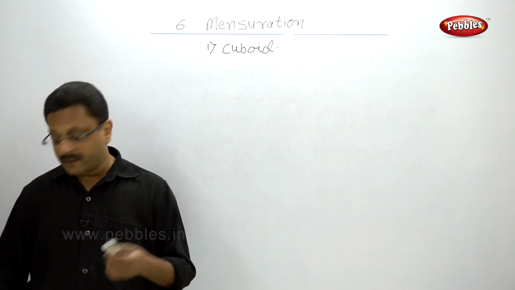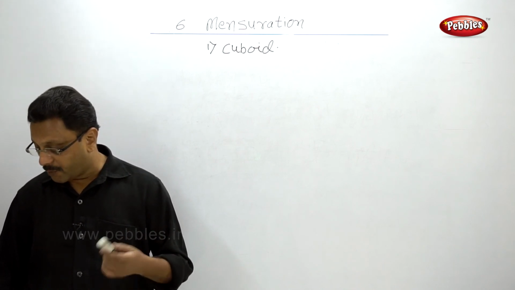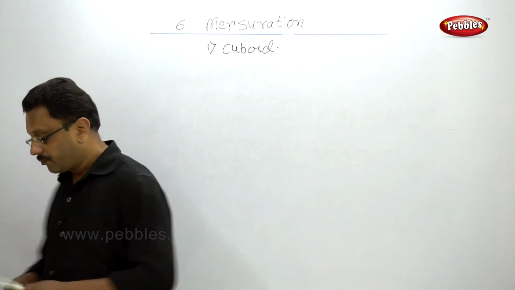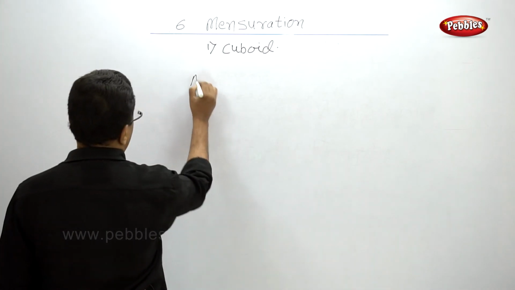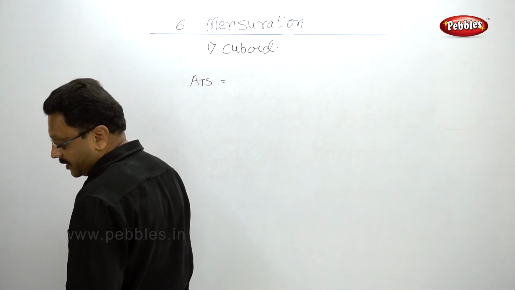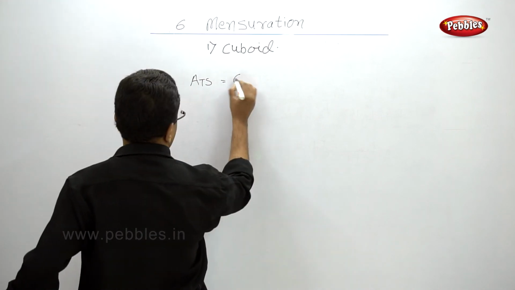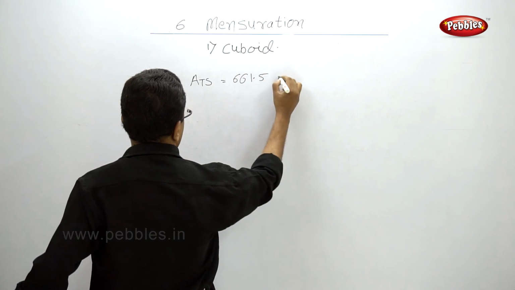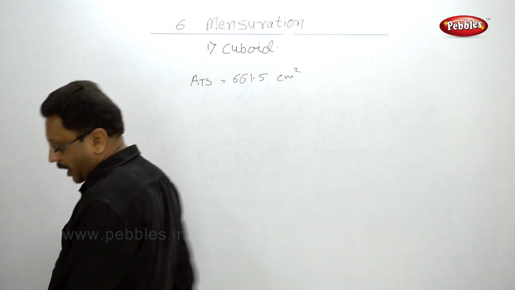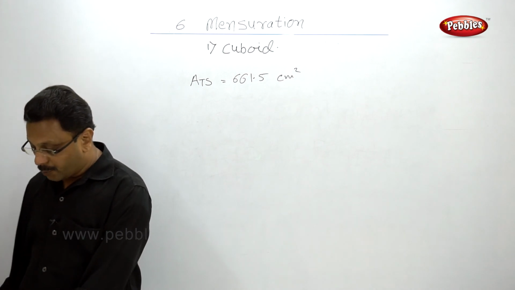Okay, one more example. Find the volume of a cube having total surface area as given. Total surface area is 661.5 centimeter square, and you have to find out the volume.